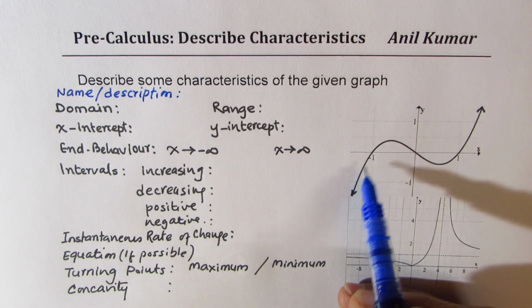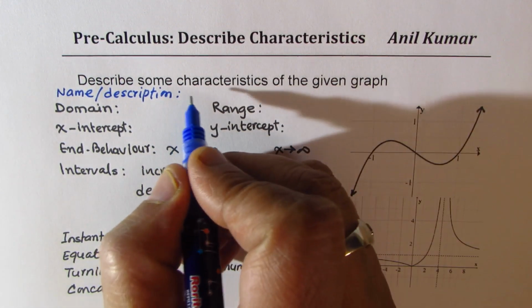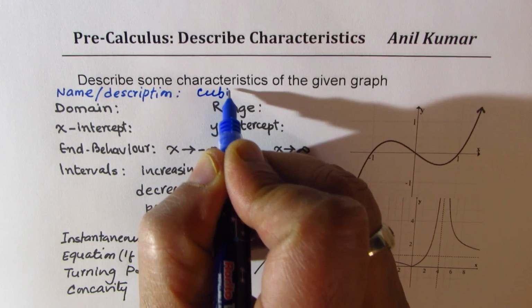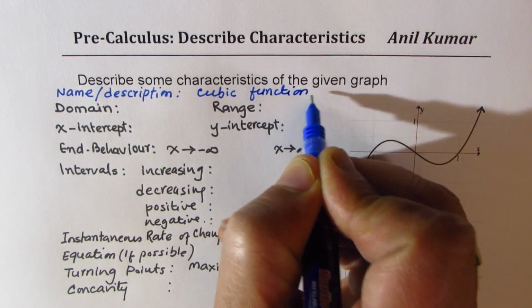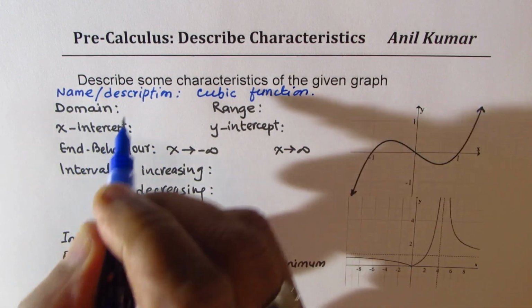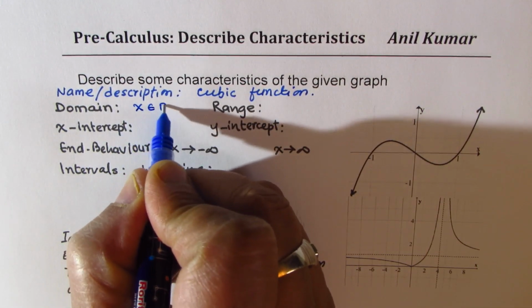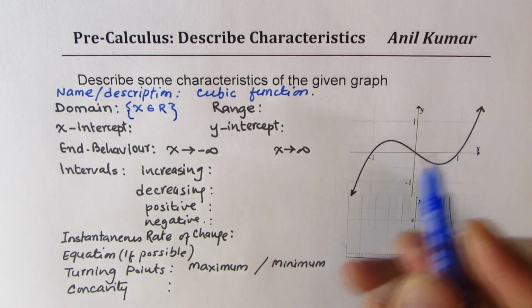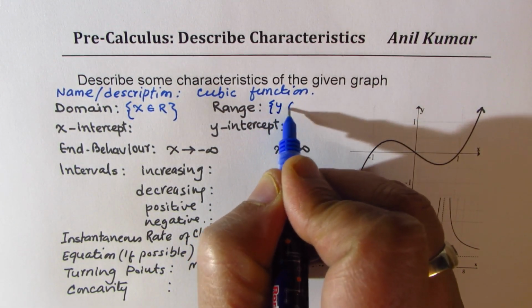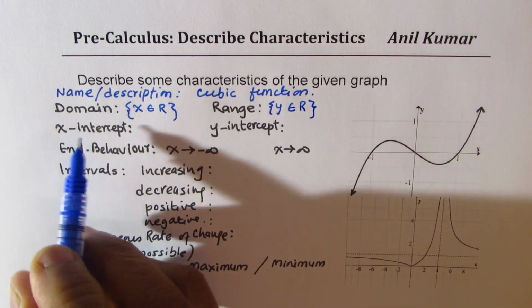For example, in this case, we know it's a cubic function, so we could write this as a cubic function. Domain is x belongs to real numbers. Range, in this case, there is no restriction. Y belongs to real numbers.